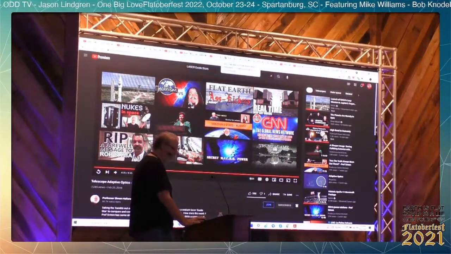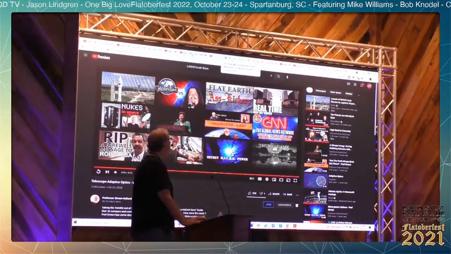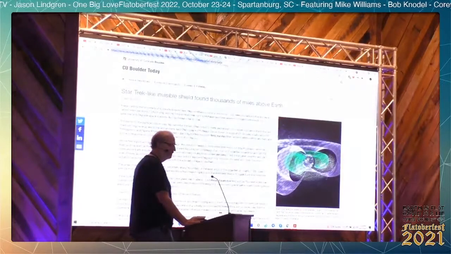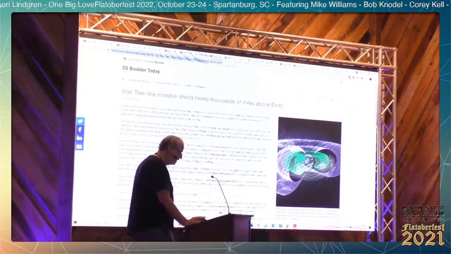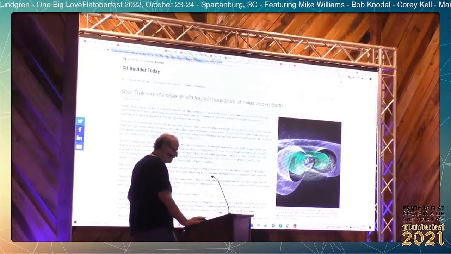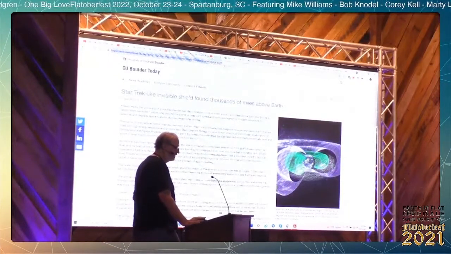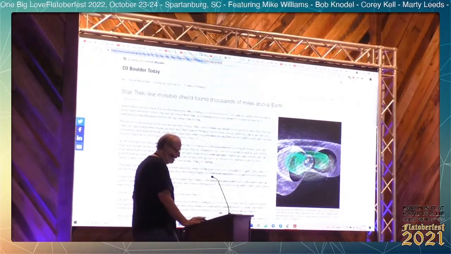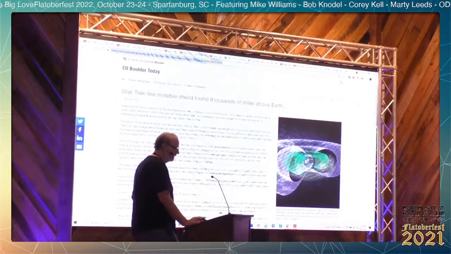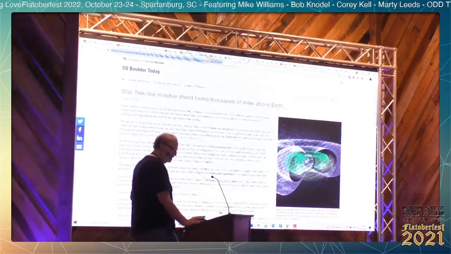Moving on to our next little item that I believe proves that there is a firmament. Now, granted, this article came out several years ago, actually in 2014, so 7 years ago, and it claims that this Star Trek invisible shield is up 7,200 miles.